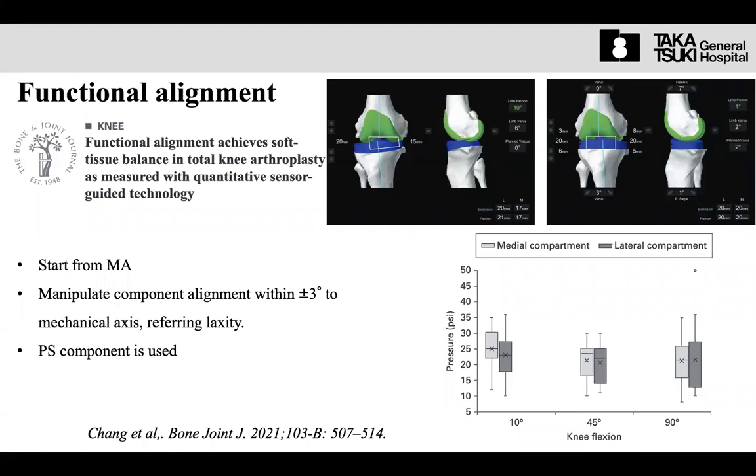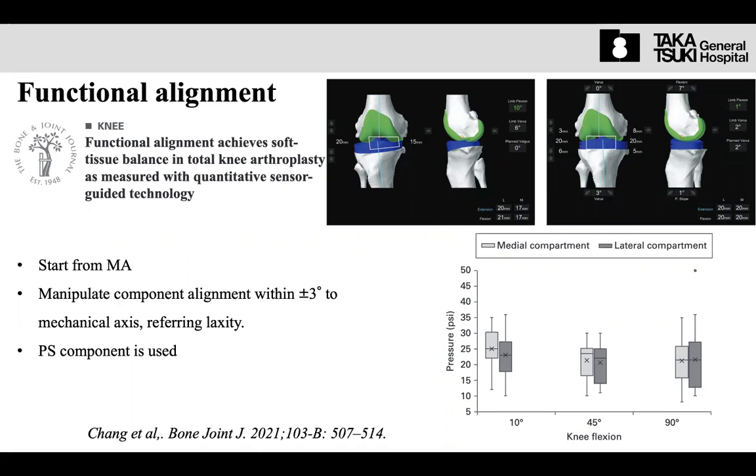So we need to decide the flexion gap after the PCL cut, the PCL sacrifice. If the patient has a big flexion gap after the PCL sacrifice, we need to reduce the posterior condyle cutting thickness. You understand?